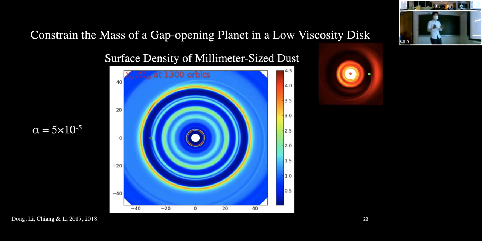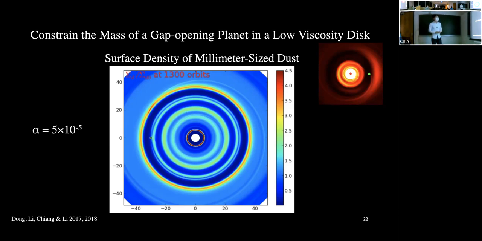So to some extent, yes, this is a transient phenomenon, and only lasts for a certain amount of time. That said, usually these days we're talking about planets at tens of AU, so a few thousand orbits is still a fraction of a million years, so not particularly short, I would say.